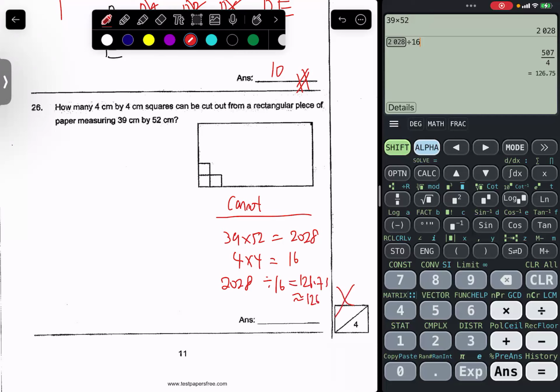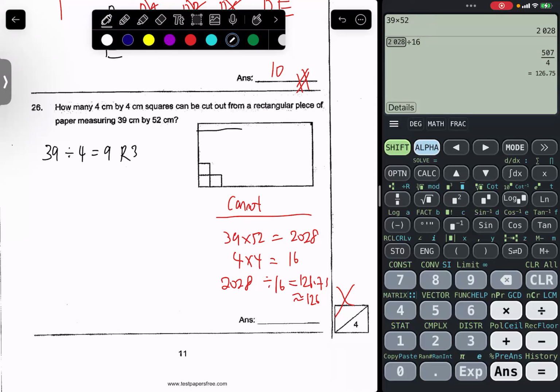This is wrong. Now what you have to do is to understand that there's something called wasted space. Cannot cut means cannot cut. So out of 39 cm, how many 4 cm can you cut from it? You will cut 9, remainder 3.